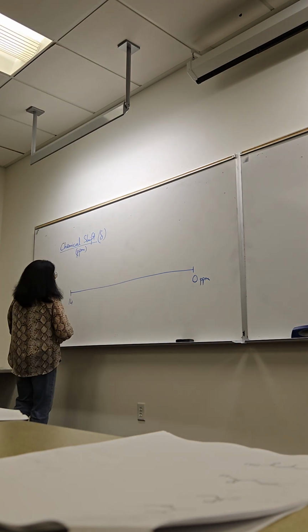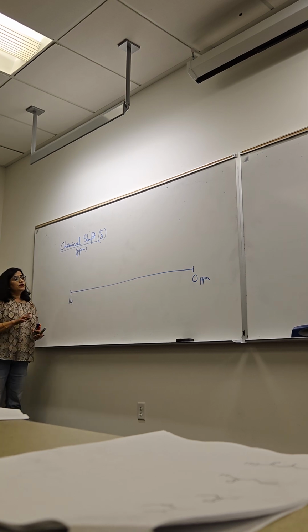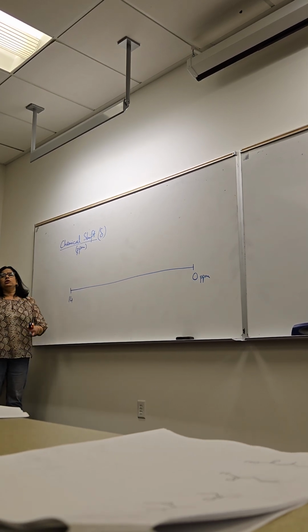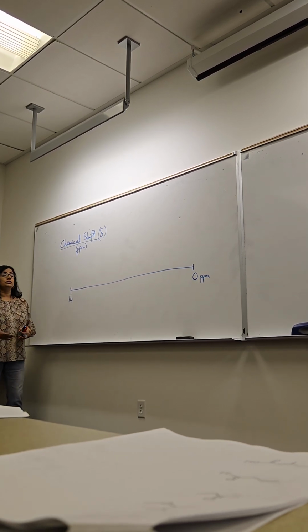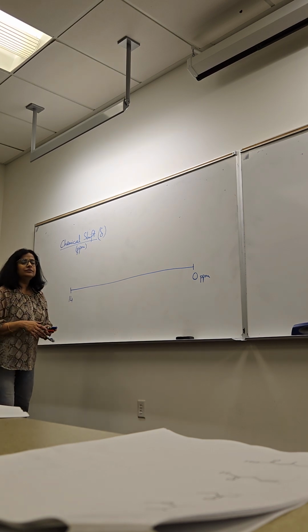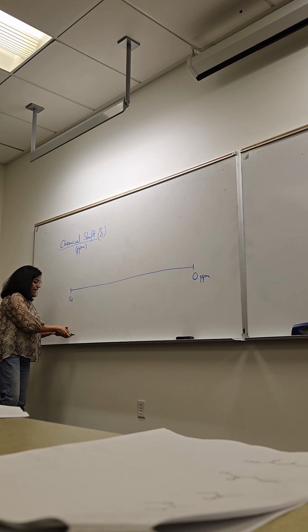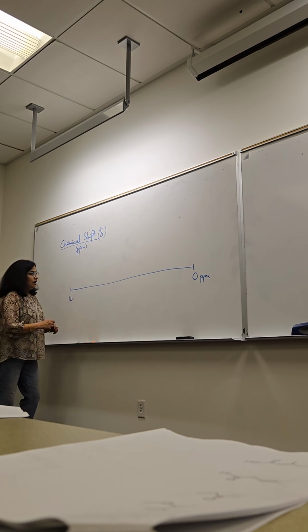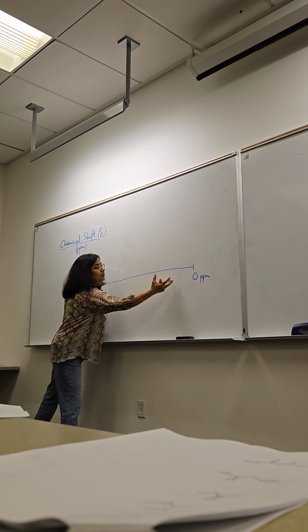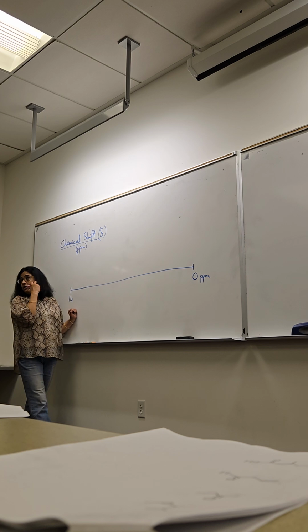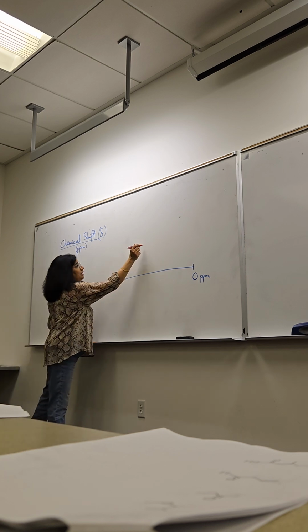Now, there are a few terms for us to get familiar with. Again, we're not getting into the depths of why and how. We're just learning these terms so we can use them. The higher the ppm value is, the higher the chemical shift value is.